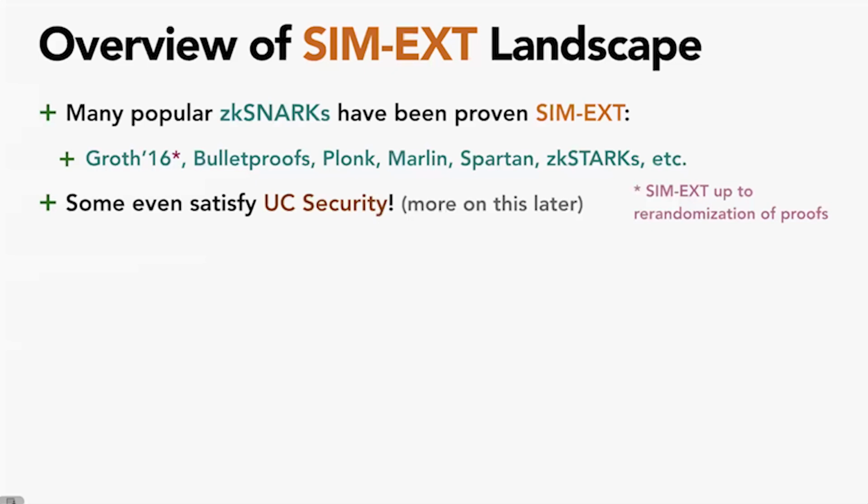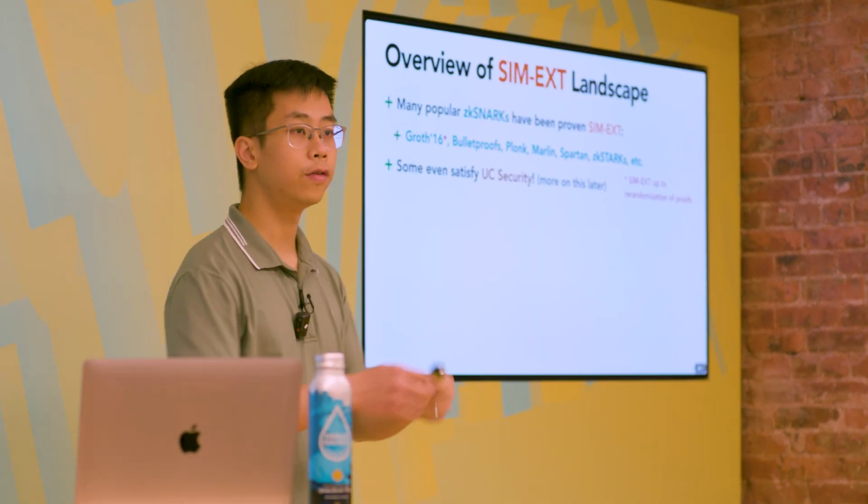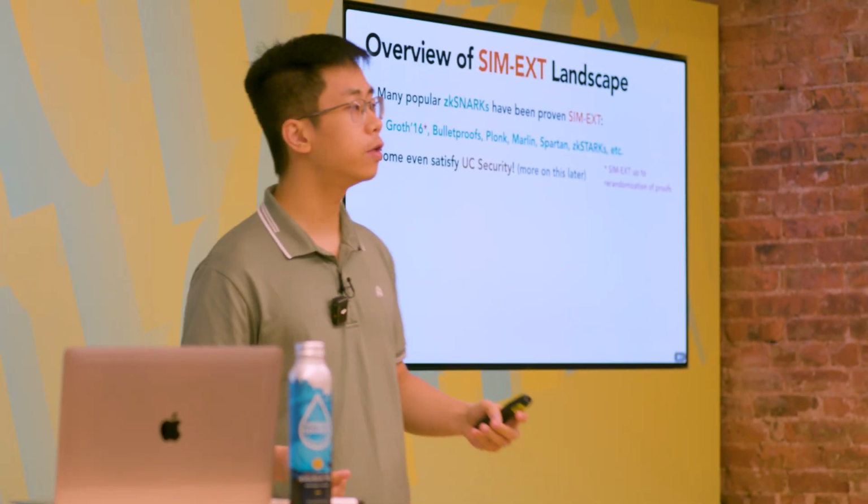Some of these SNARKs satisfy a stronger notion known as UC security. UC here stands for universal composability. I'll talk more on this later. It's a stronger property that also guarantees security when composed with arbitrary other protocols.